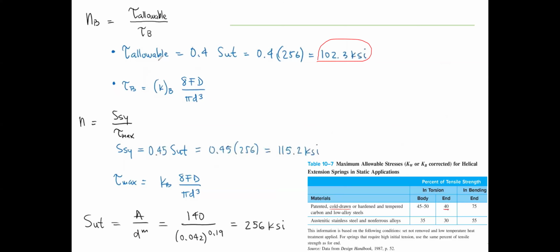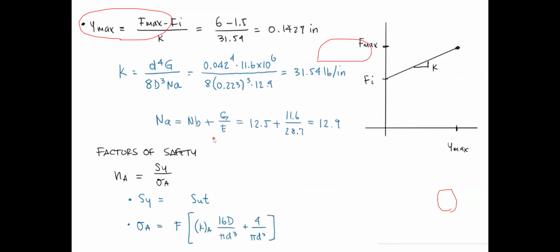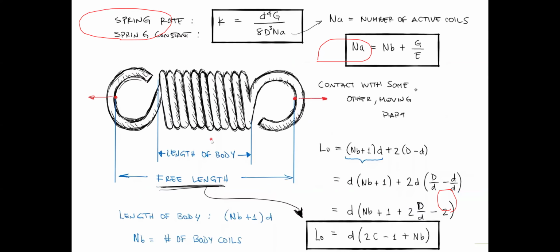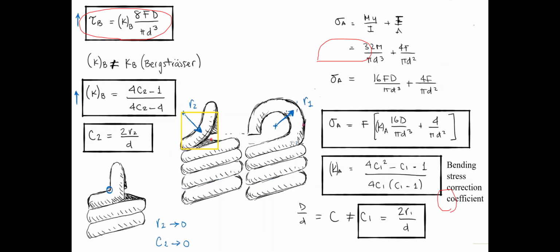The shear that we have to take into account is at the end of this hook. That's what I mentioned previously. The most critical part I have to take into account is right here, right?